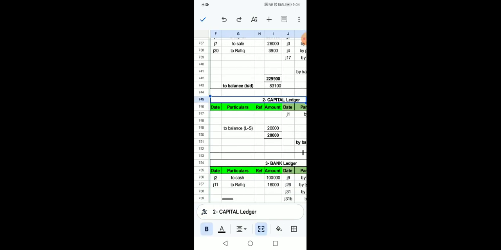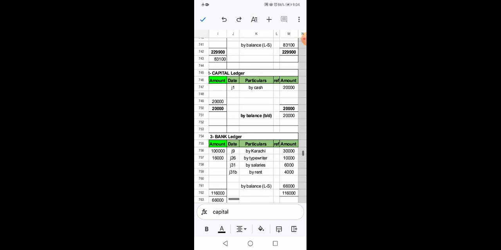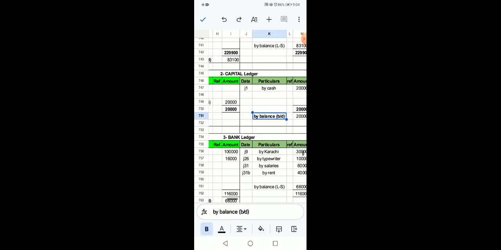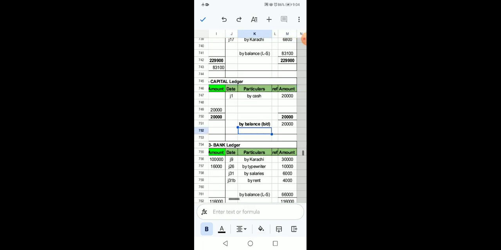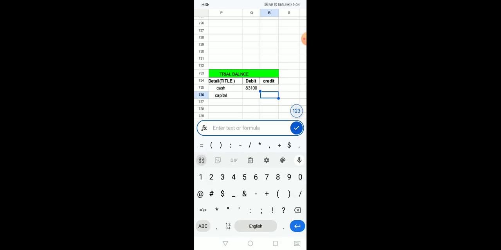Now it's time to see the second ledger, which is capital. Put number two first. And what is the title of this ledger? That is capital. See where the balance is brought down. Here, capital ledger. The balance is brought down on which side? Credit side, 20,000. So you will write 20,000 on your credit side.